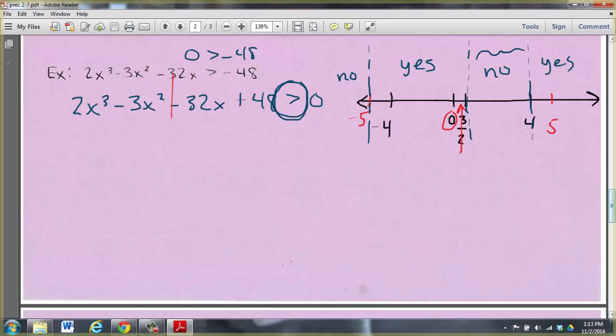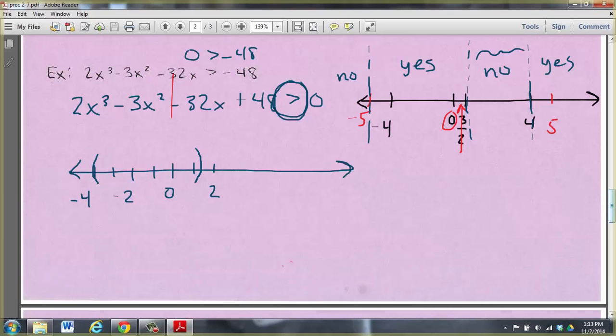Alright, so our number line. Again, it's a greater than without the equals. So at -4, I would have a curved bracket. And right here at 3/2, I would have another curved bracket.